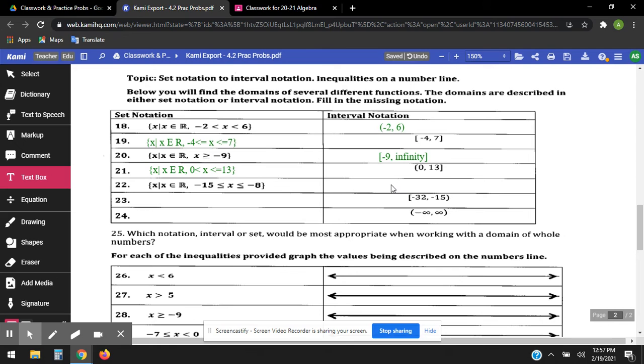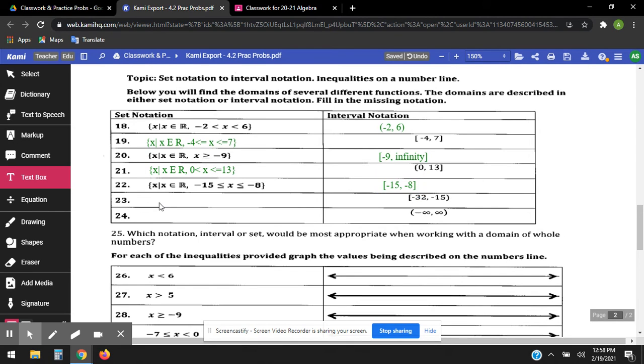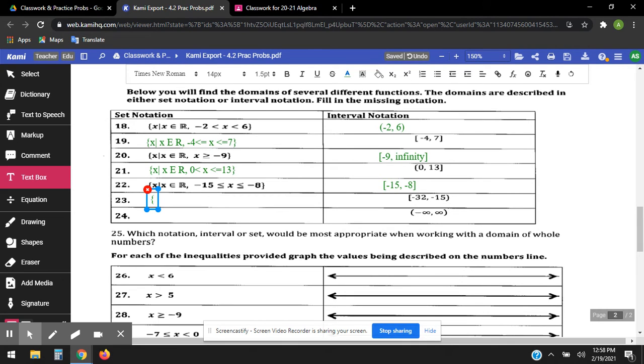All right, this guy, we've got -15 to -8, both inclusive. So that's pretty straightforward. -15, comma, -8, and brackets. There we go. Same thing with this guy. We got one of each. So we can do x.